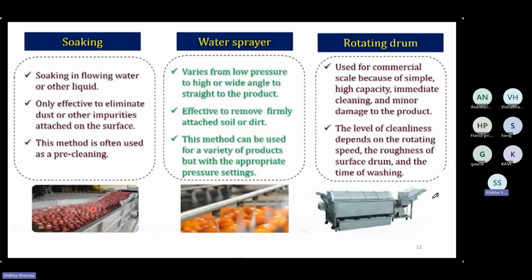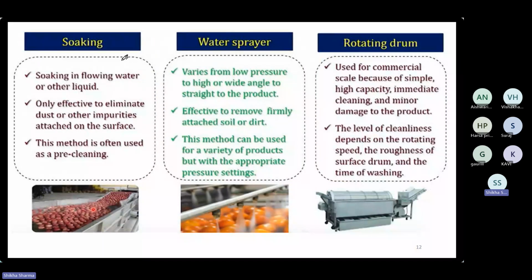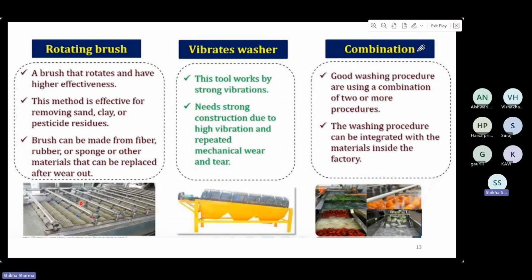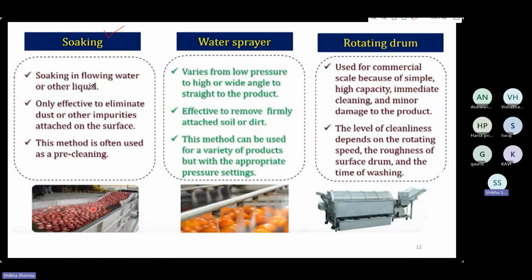In the wet cleaning method only, we have many classifications like soaking. We discussed water spraying, rotating drum, then rotating brush, vibrate washer, and a combination of these methods. Soaking is in flowing water or other liquids.